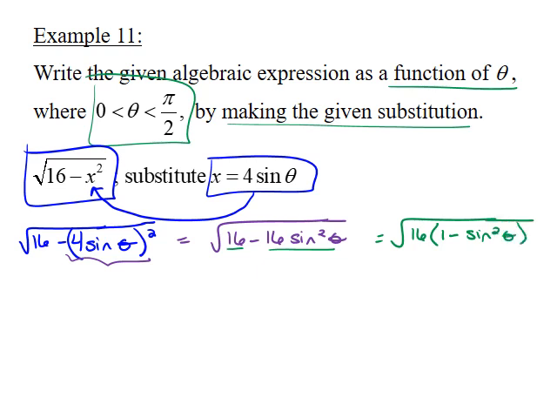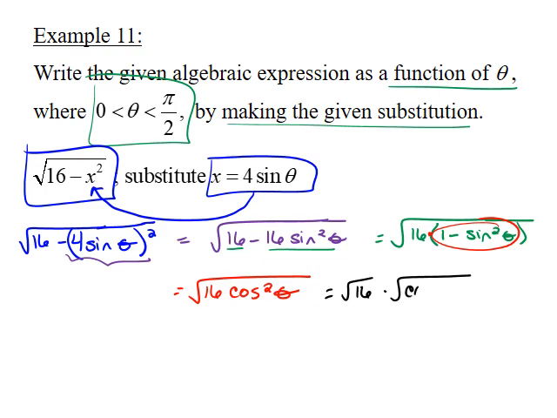Now, this is multiplication, so you can take the square root of these separately, but before you do, notice that this is a Pythagorean identity. It comes up all the time. So this is equal to 16 times cosine squared of theta, which is the same thing as taking the square root of 16 times the square root of cosine squared.